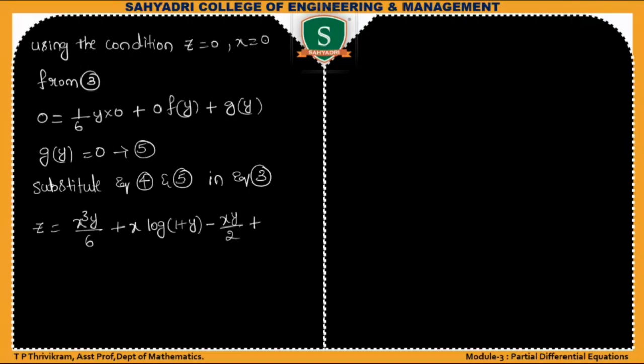So I can take plus 0. So finally the required solution z is equal to x cube y by 6 plus x log 1 plus y minus xy divided by 2. Fine.